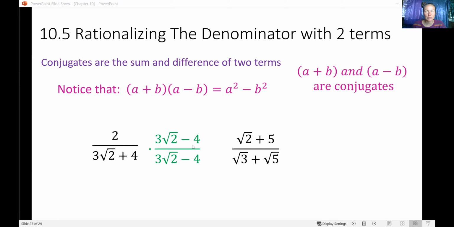When this stuff gets multiplied out, the denominator will no longer have any radicals in it. Okay. In this second example, we do the exact same thing. We're going to multiply by square root of 3 minus 5, and I'll show you after we multiply through, the denominator won't have any radicals in it. So let me do that example for you on the whiteboard.